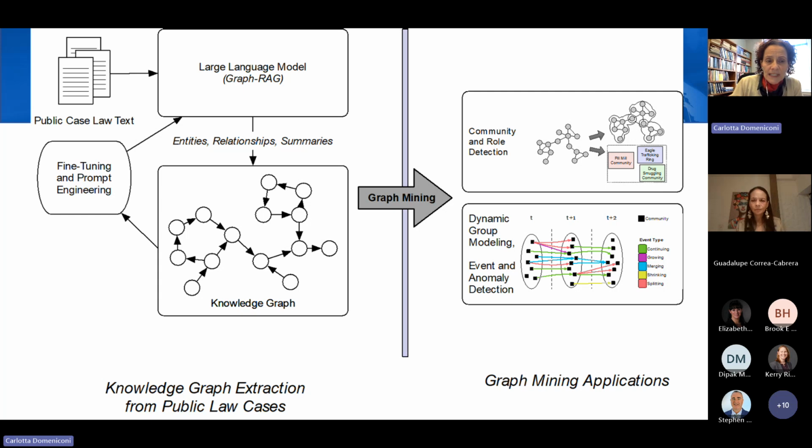This process can be done via a method called prompt engineering, through which we can provide general guidance to the model and examples of the kind of things we are interested in discovering. And this process is quite efficient because it does not require the complete retraining of the large language model.